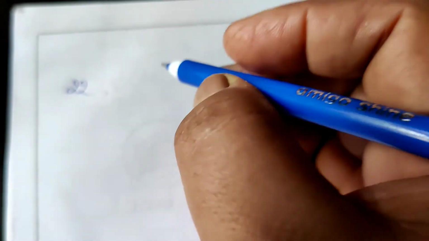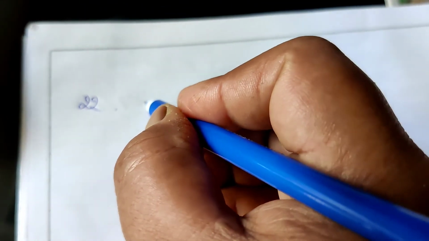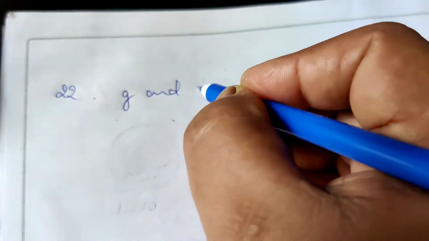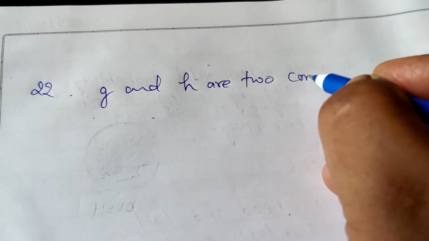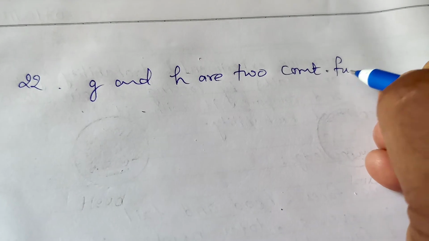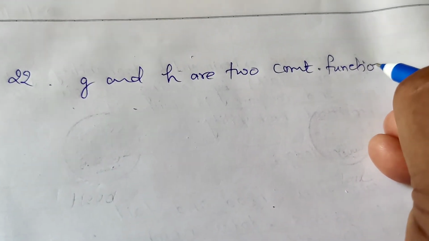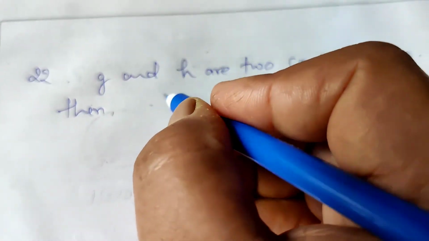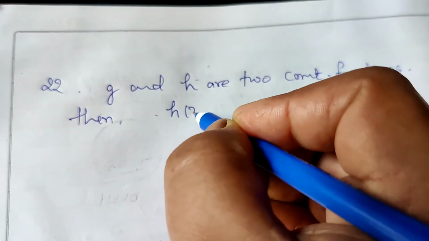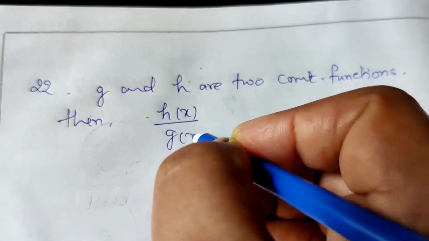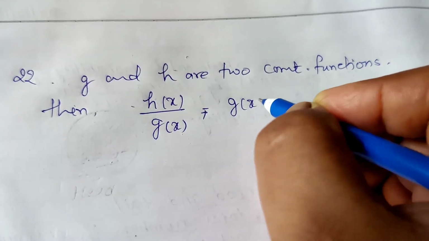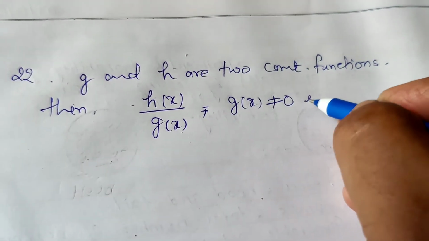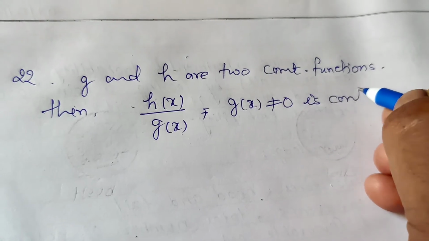We know that if g(x) and h(x) are continuous functions, then h(x) upon g(x), where g(x) is not equal to 0, is continuous.